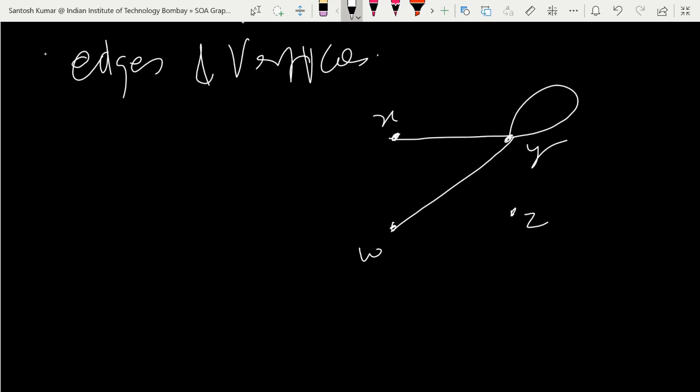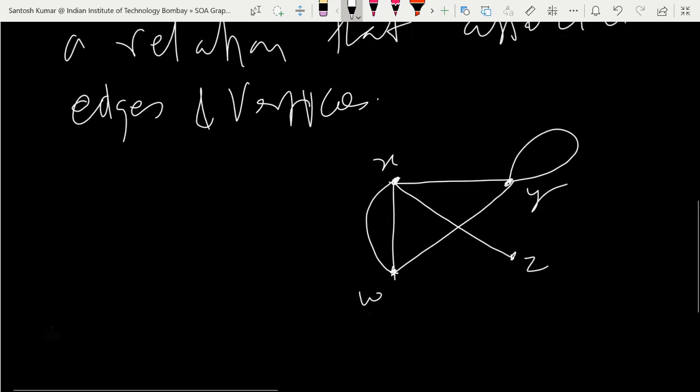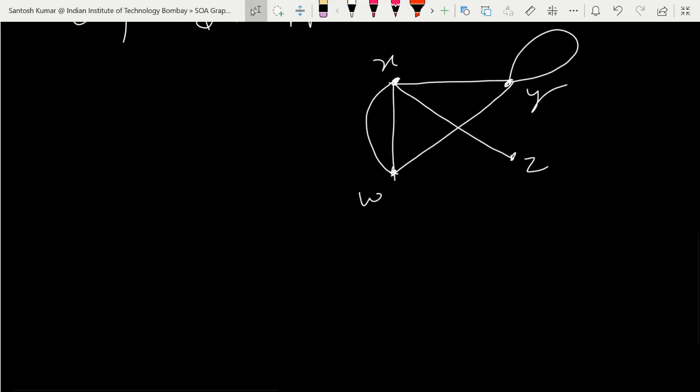Or you can join x to z, or maybe x to w, or another edge from x to w. So this is a graph, fine. So how many vertices does it have? So it has four vertices, right? So let me call it graph G.